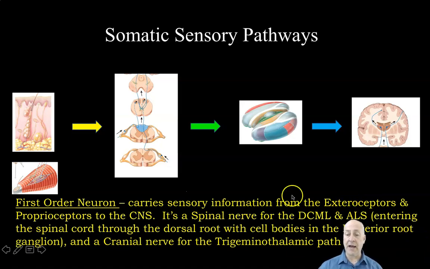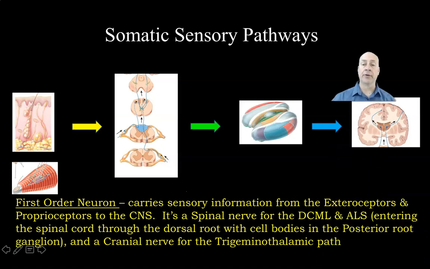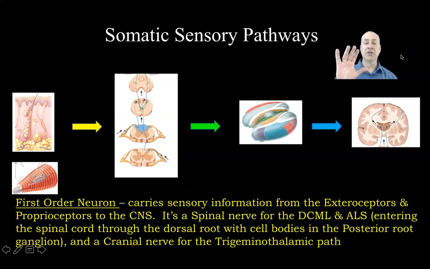So here is the pathway in general, not the DCML or the ALS specifically, but the general overview of the somatic sensory pathway, how you get somatic sensory information, exteroceptor information, proprioceptive information to the CNS, either the low brainstem or up to the cerebral cortex.